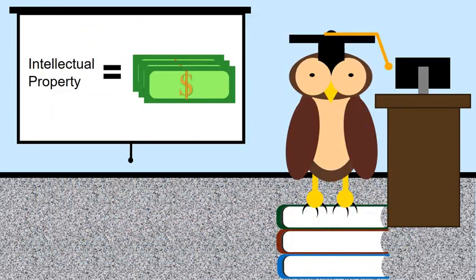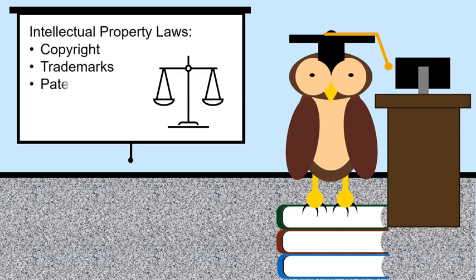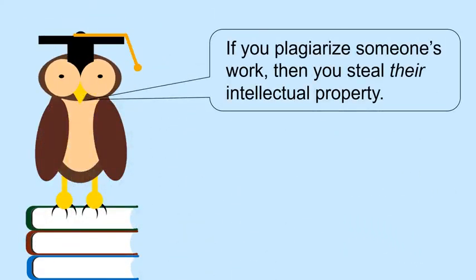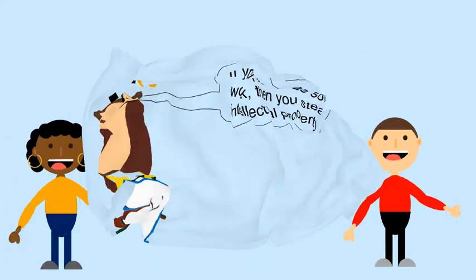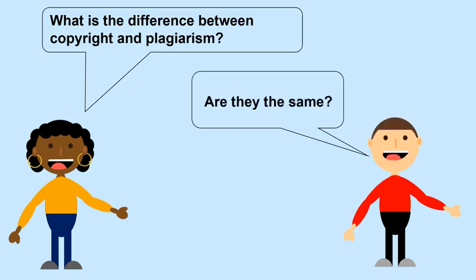Your intellectual property has value, and that value is protected by intellectual property laws. In the United States, there are 4 different types of intellectual property laws: copyright, trademarks, patents, and trade secrets. If you plagiarize someone's work, then you steal their intellectual property. One question I get asked is, what is the difference between copyright and plagiarism?